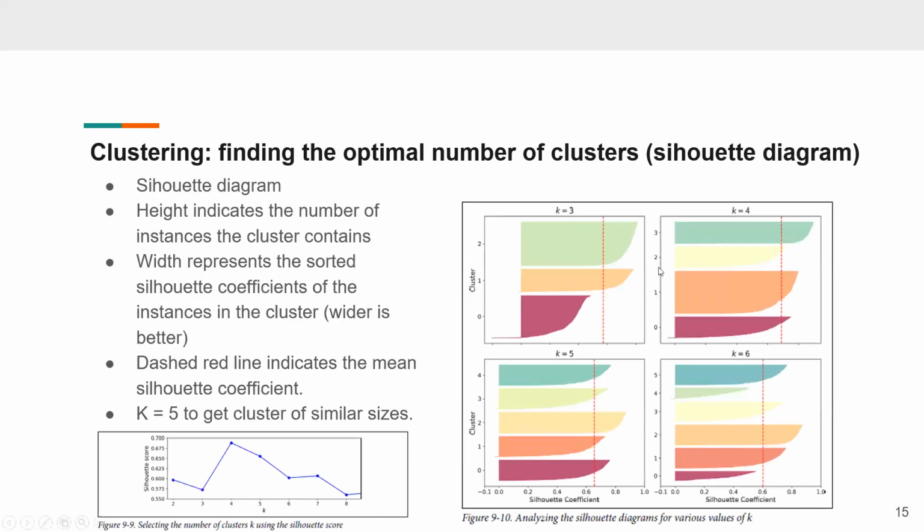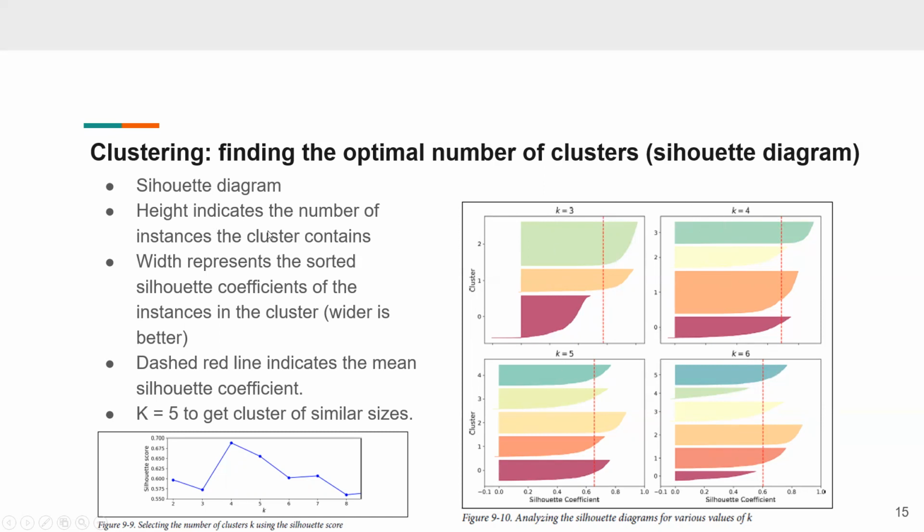Now, before we make the conclusion, we use the Silhouette diagram, which is for different selections of number of clusters: 3 or 4 or 5 or 6. For each one of them, this shows each of the clusters, right? 3 clusters, 4 clusters, 5 clusters, and 6. Let's see what these diagrams tell us.